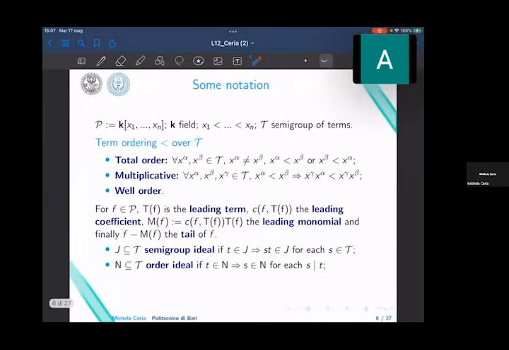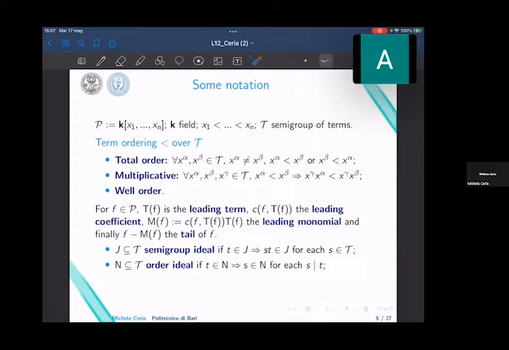Let's see some notation for this lecture. P is the polynomial ring and K is my field. This is the order I always put on the variables, so smaller index means smaller variable. And I define with T the semigroup of terms, the set containing all monomials.